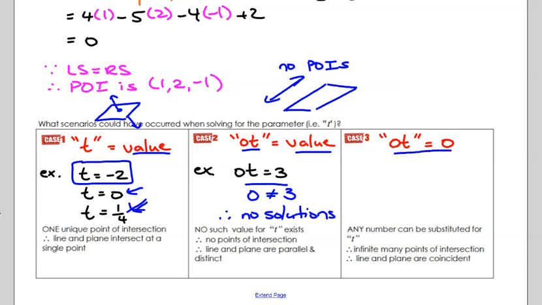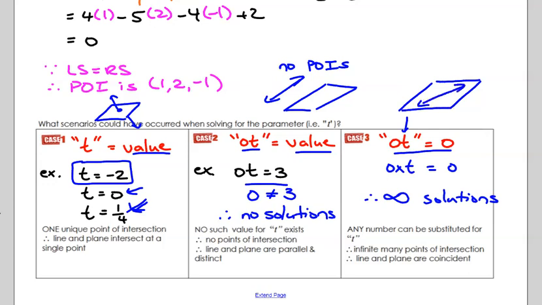Now this guy right here, if you ever get 0t equals 0, well, t could be anything. Like you can sub any number into t, and when you take 0 and you multiply t, it's still going to be 0, no matter what t is. So t has an infinite number of solutions. And that would be the case where you have your plane and the line lies on top of it.